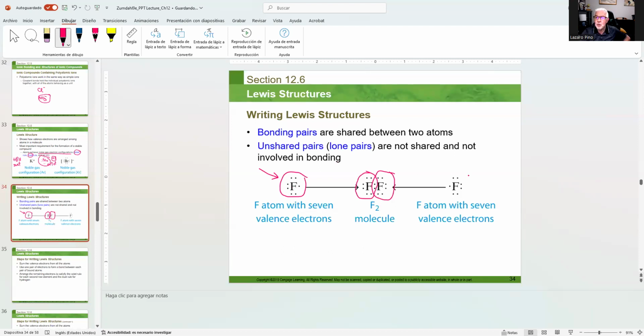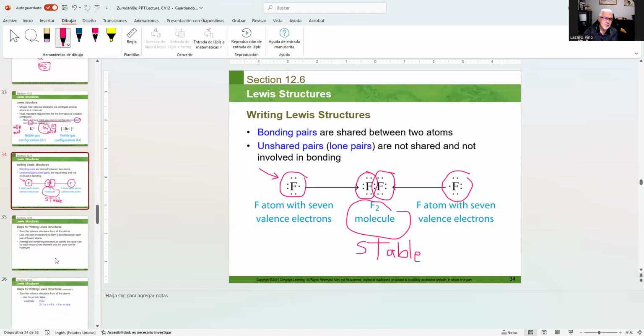That's why 2 atoms of fluorine always combine in order to make the molecule. The molecule is stable, while the atoms are not stable. That's why many atoms used to be in diatomic molecule form.